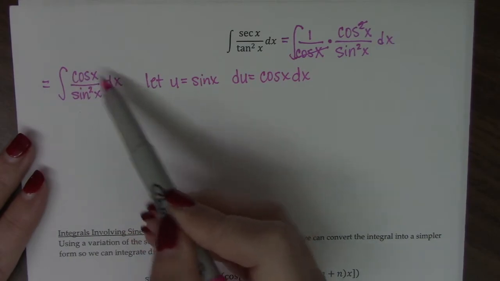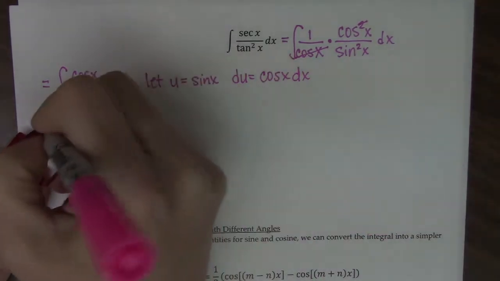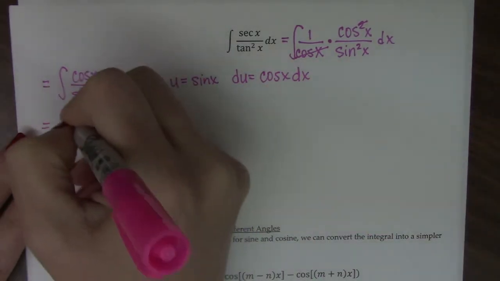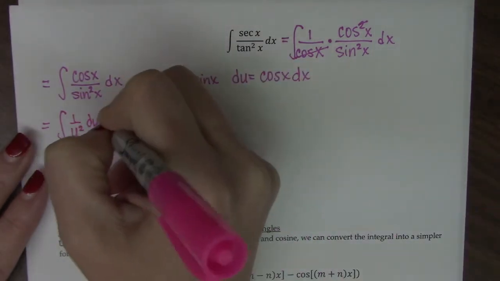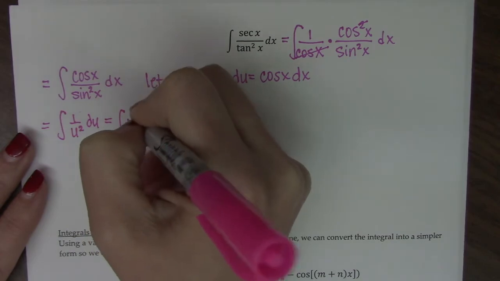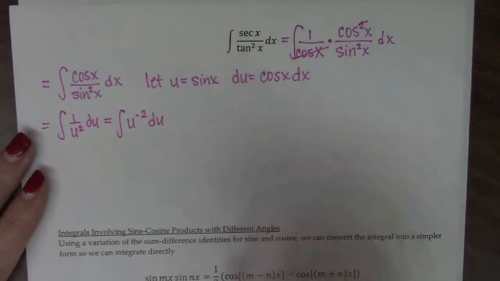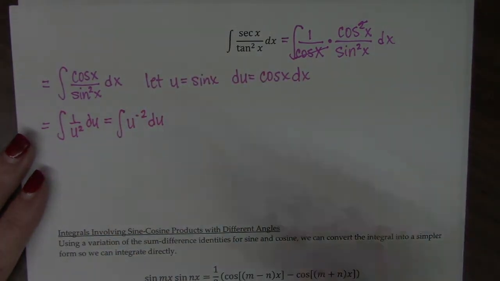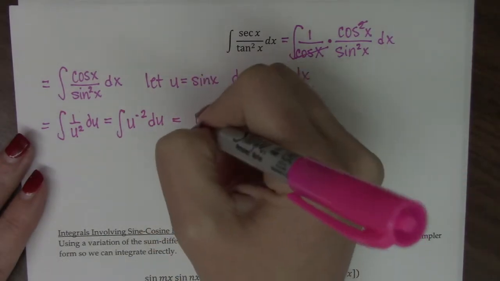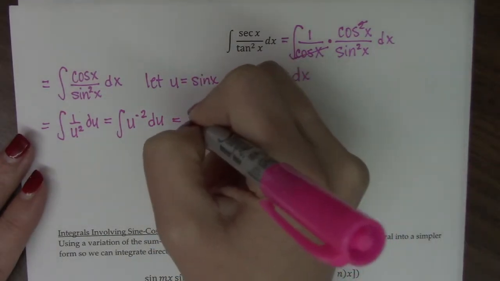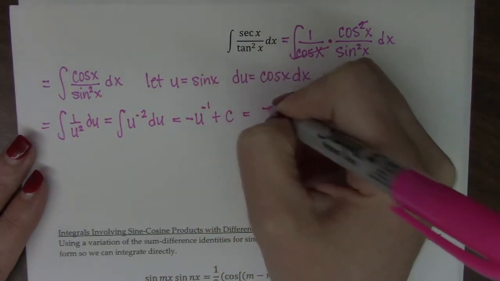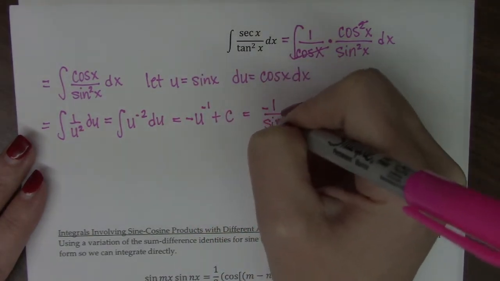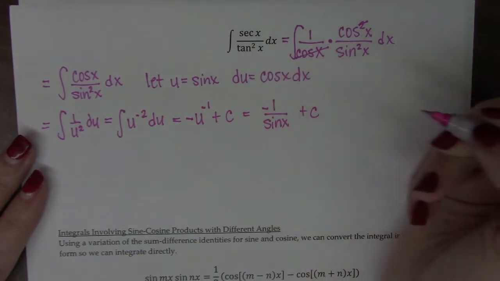So I have my du right here, I have my u right here, so this integral simply becomes 1 over u squared du. If you want to rewrite it before you integrate, u to the negative 2, now we can just do a straight up power rule. So we'll get u to the negative 1 divided by negative 1 plus c. So this is just going to be negative 1 over sine of x plus c.